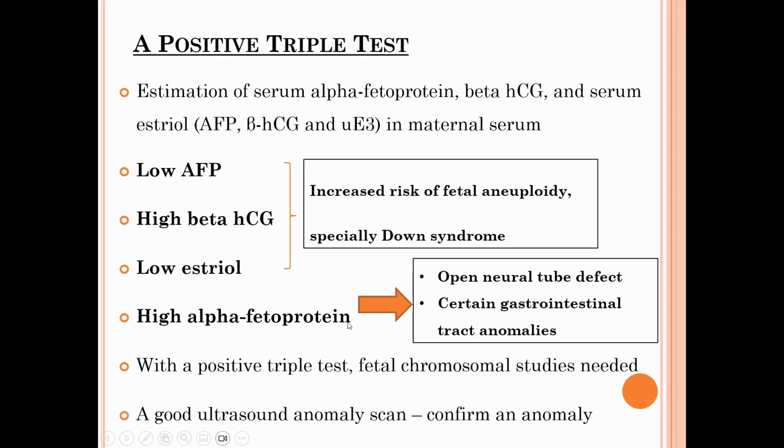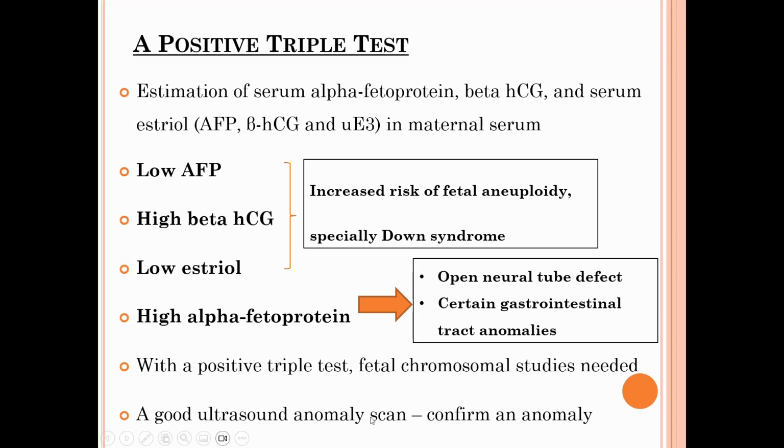High alpha fetoprotein can be seen in open neural tube defect and certain gastrointestinal tract anomalies. With a positive triple test, fetal chromosomal study is needed.